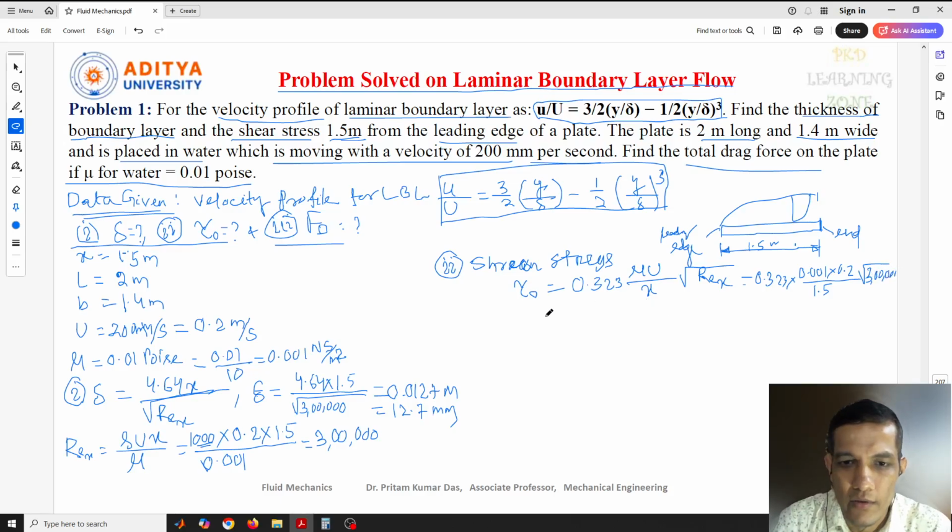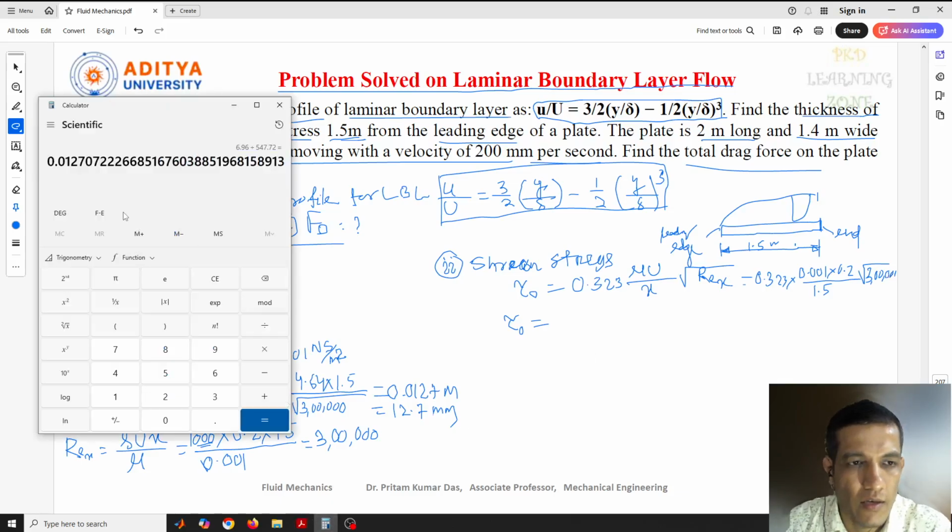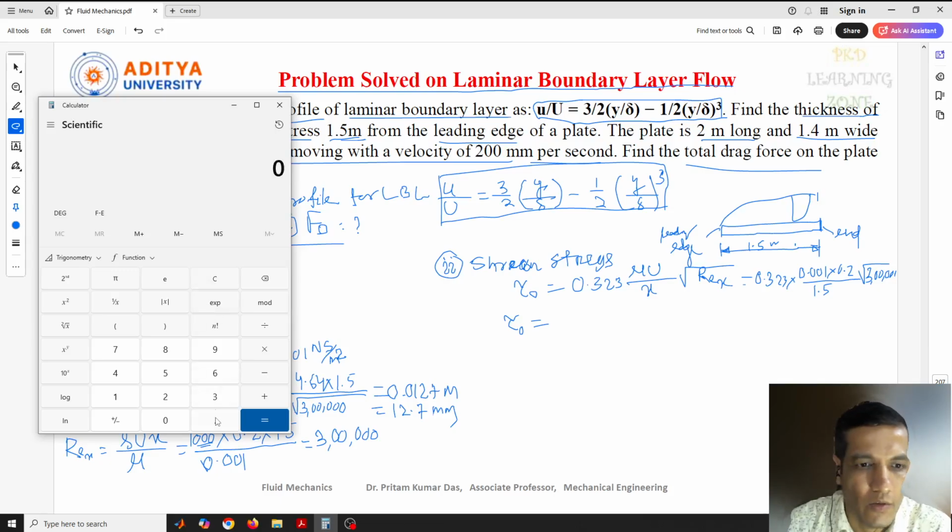Now if I solve this one, we can get tau naught. The root value is 547.72 something we got. Okay, let me redo it.